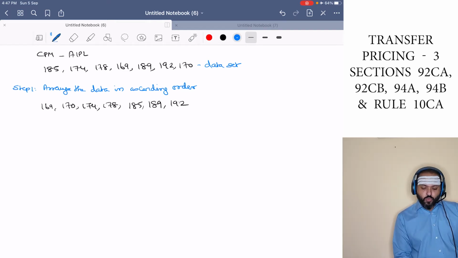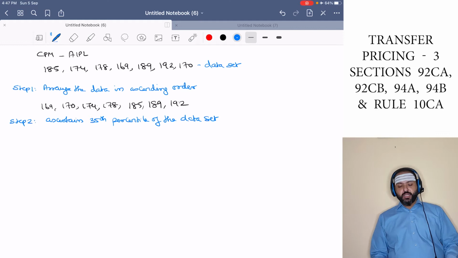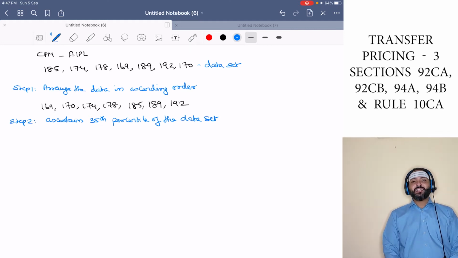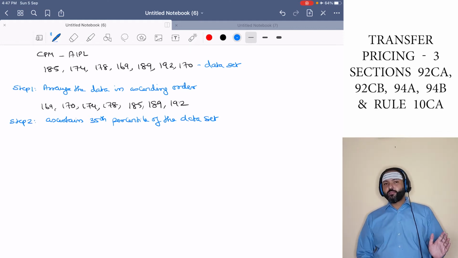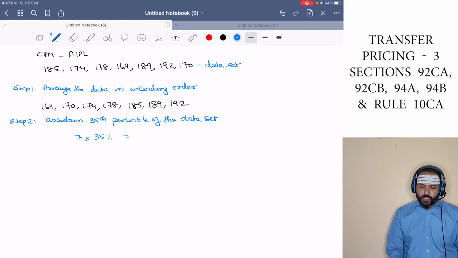Then step 2, ascertain the 35th percentile of the data set. The data set has 7 prices present, and the 35th percentile will be 7 into 35%.